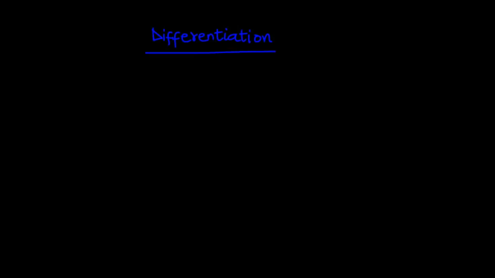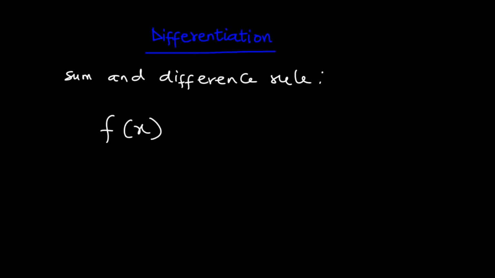This will be the derivative of this function here. Now let's look at the sum and difference rule. For this rule, let's say I have a function f of x equal to p of x plus g of x.